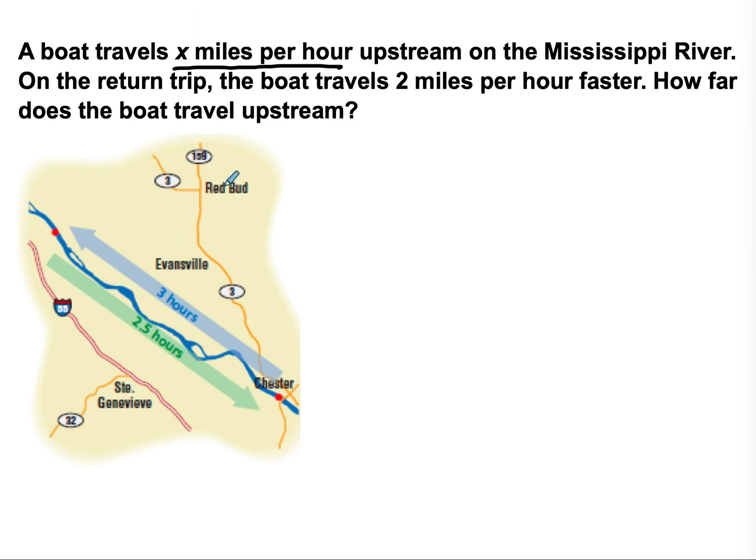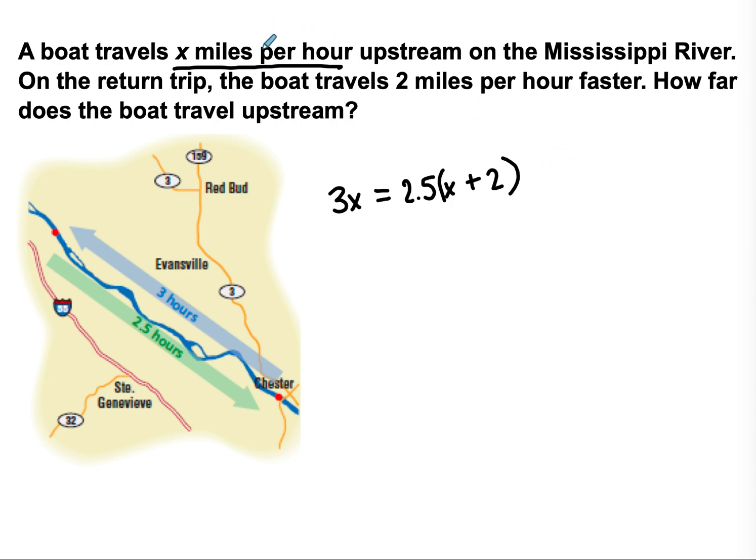But I don't know what that is, it's X, so I'm just going to write 3 times X. And then on the back here, it is 2.5 hours, but plus 2 miles per hour faster.